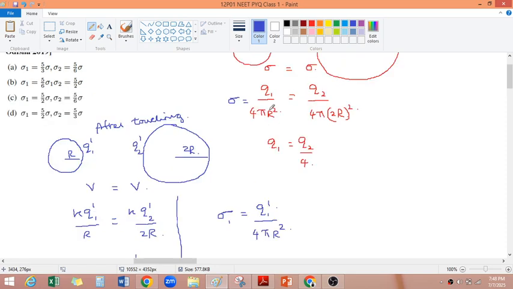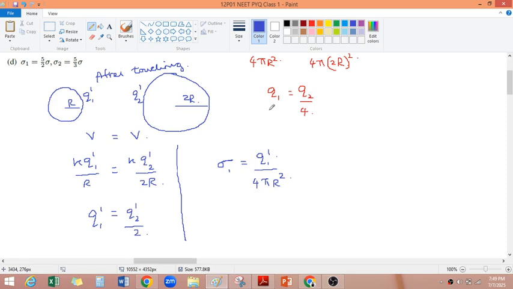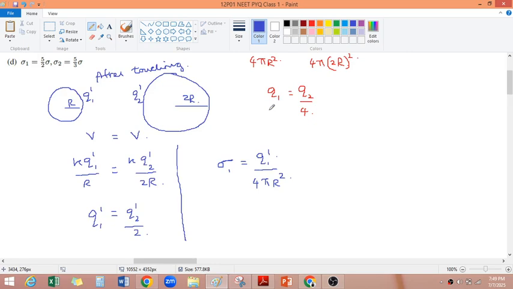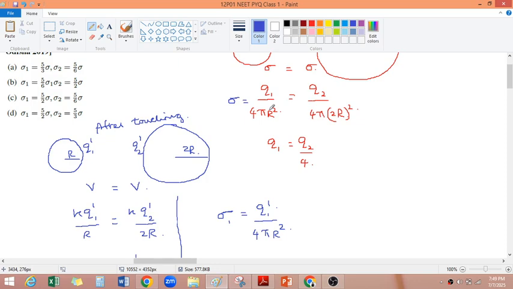Q1 plus Q2 is equal to Q1 dash plus Q2 dash, because charge before is equal to charge after, by the law of conservation of charges. This is equalization of voltage. So these are the two principles used here.